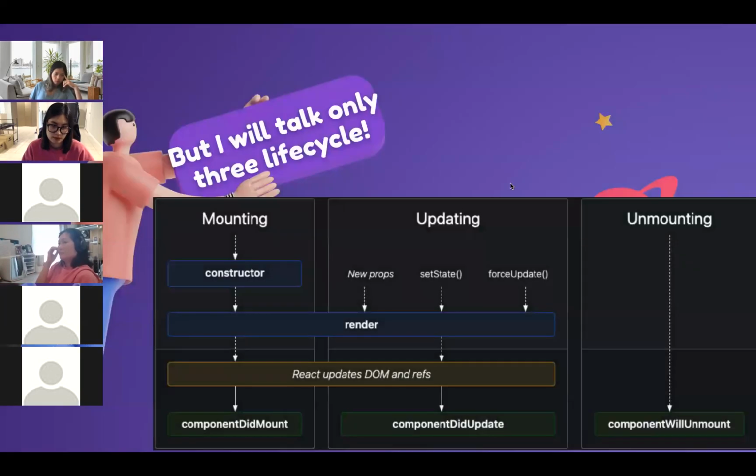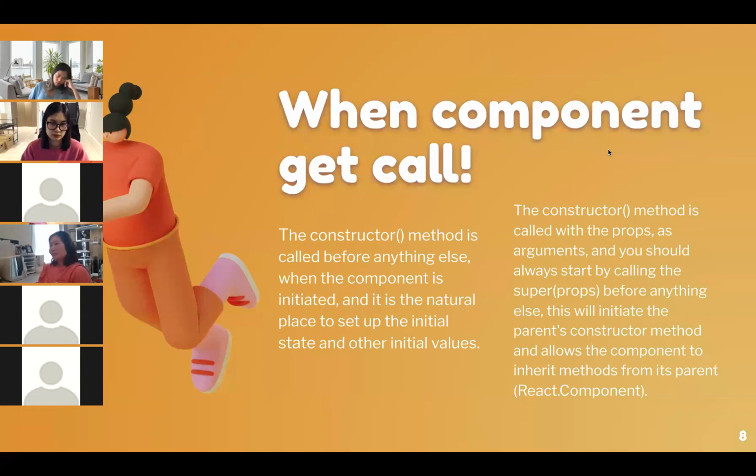What I will focus on today is only render, componentDidMount, componentDidUpdate, and componentWillUnmount, because these are the main life cycle methods that lead into useEffect, which I will talk about next week. Okay.